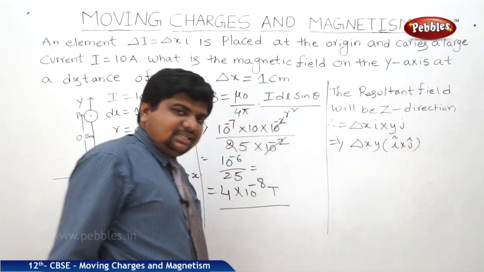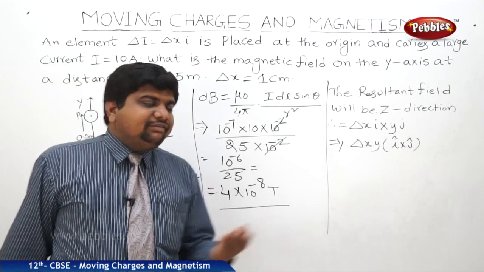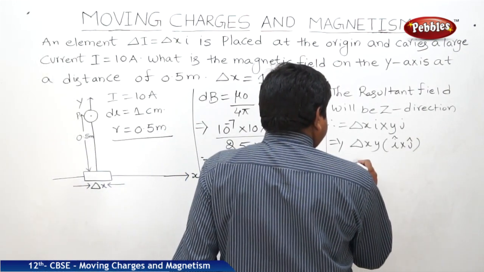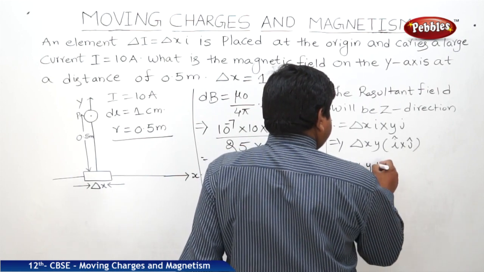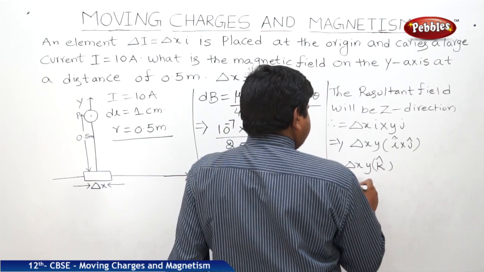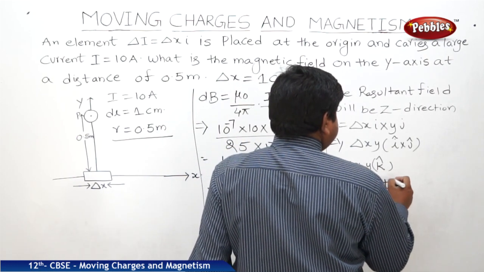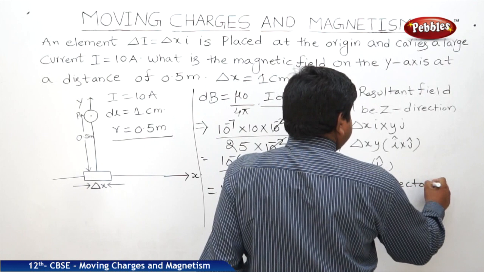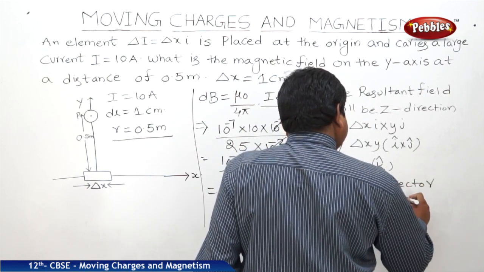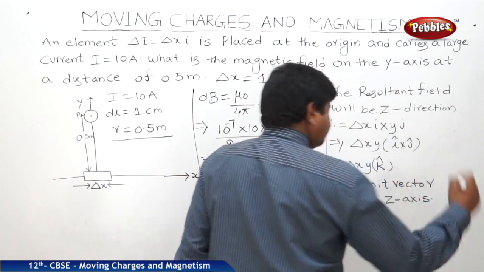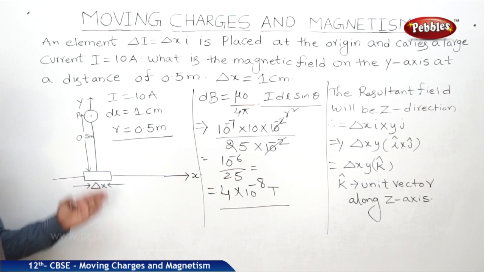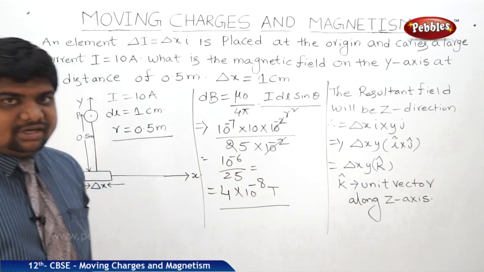We know that i cross j is equal to k, where k is the unit vector along the z axis. So this is a small piece of information about the problems we are going to face in Biot-Savart's law.